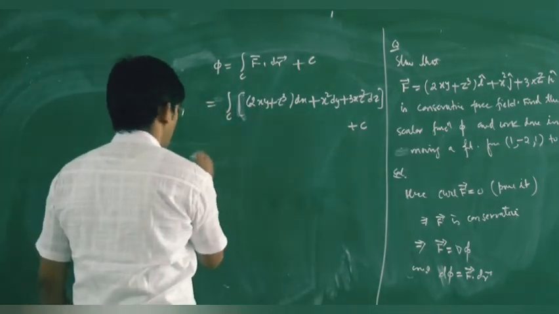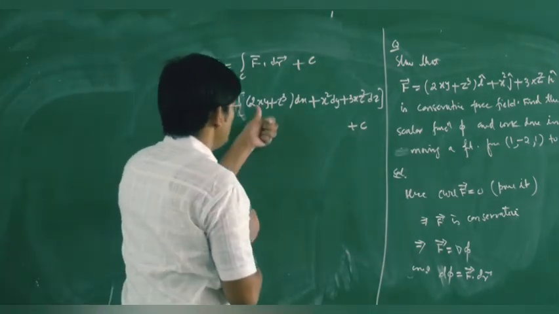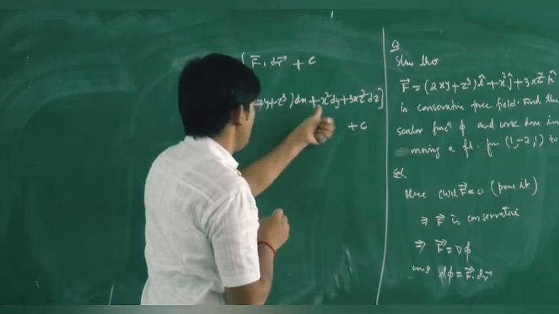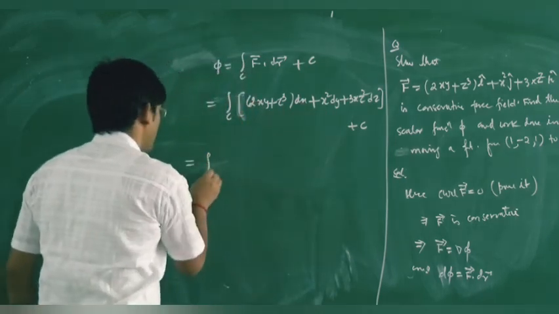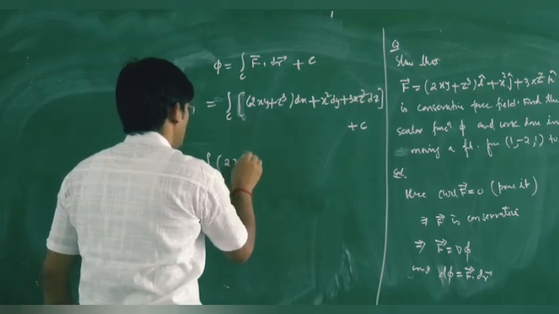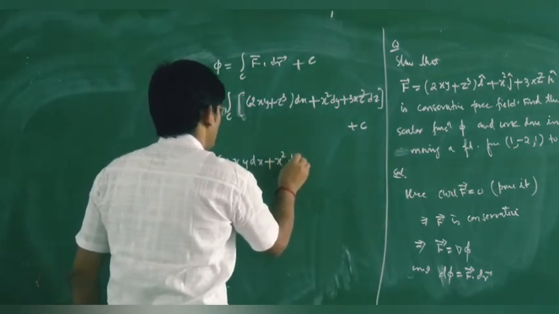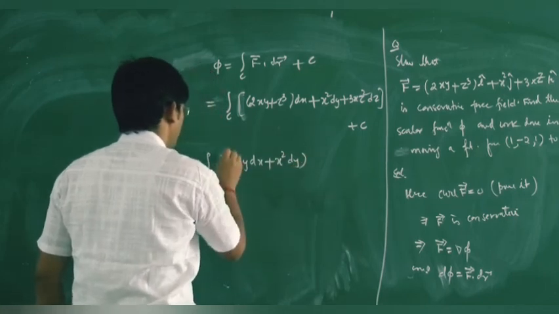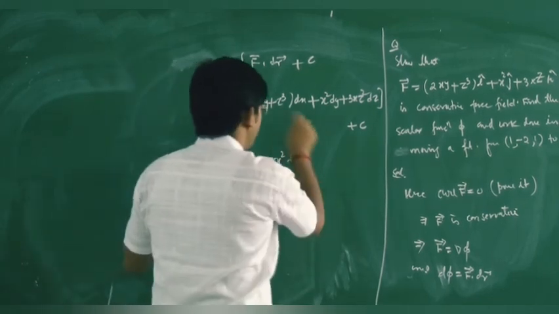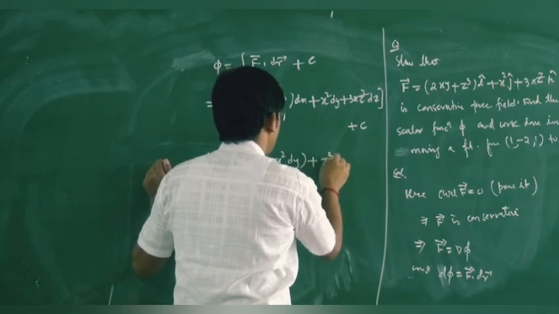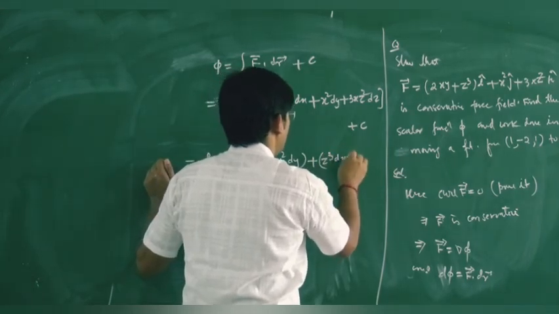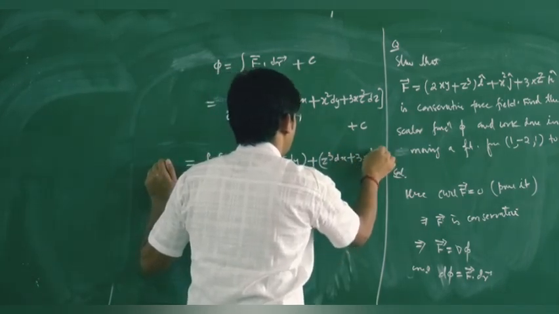Now let us have some arrangements. So this is your 2xy dx and x square dy. We can combine these two terms, 2xy dx plus x square dy. Then we have z cube dx and 3x z square dz.